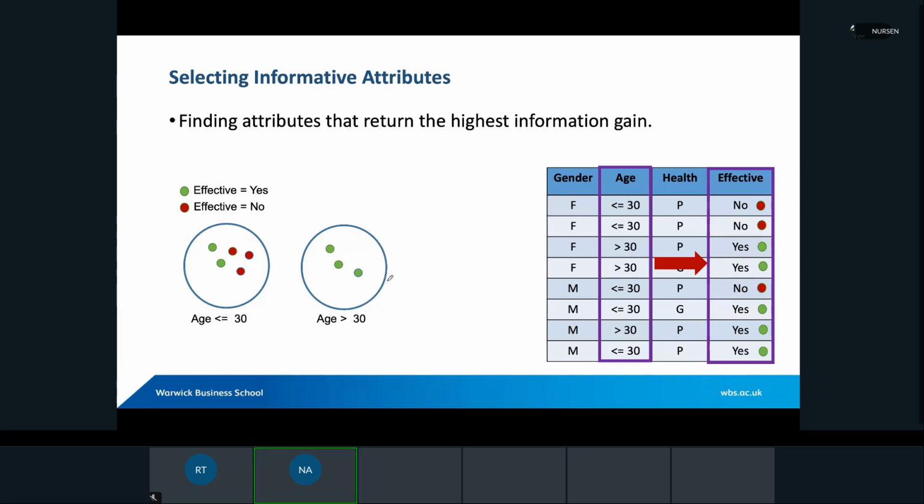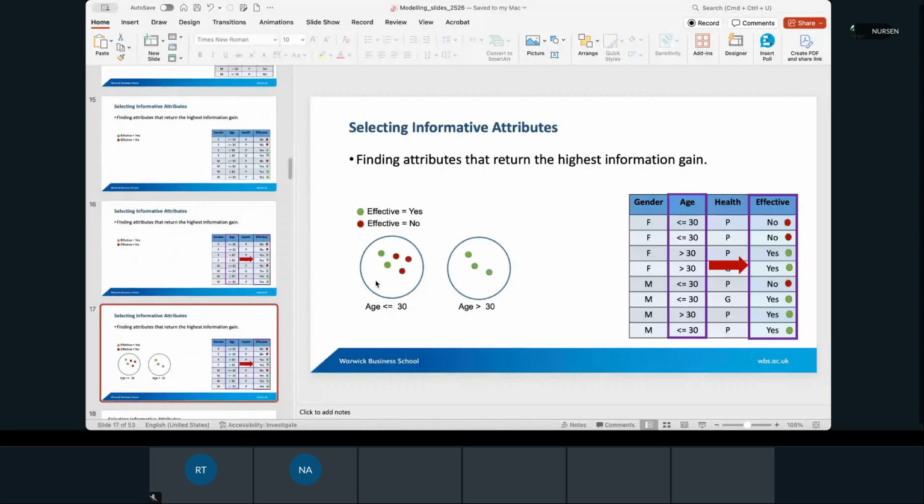Can you estimate the entropy value? Can you tell me? Let me check the chat. Okay. So this is completely pure, right? We have only green yes cases. So this is perfect. It's pure. That means entropy is 0, the lowest value.